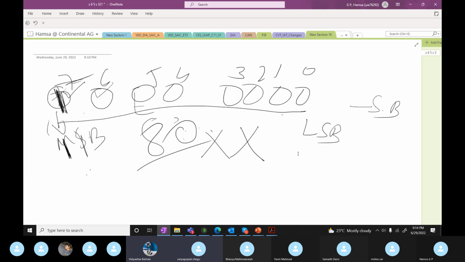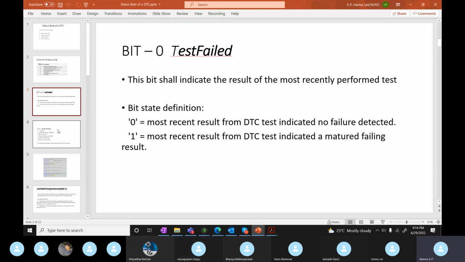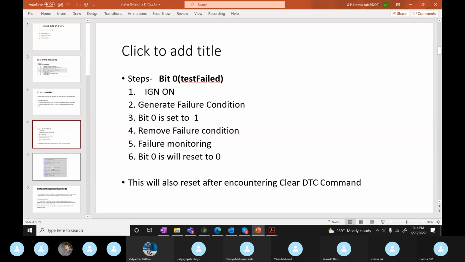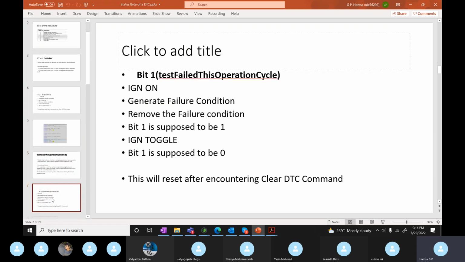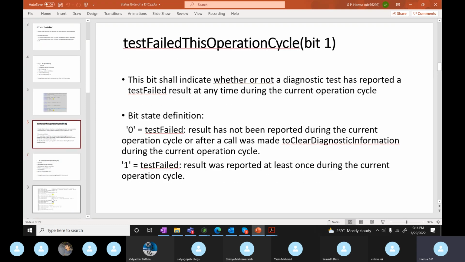If this is clear, the next bit. This is how to test it. So you can ignore this, and this is the result. The first bit says test failed in this operation cycle.